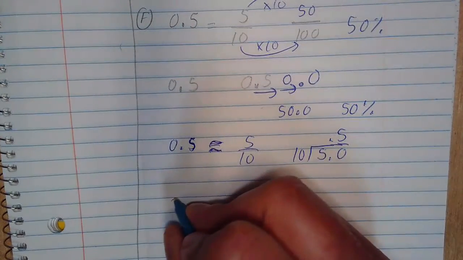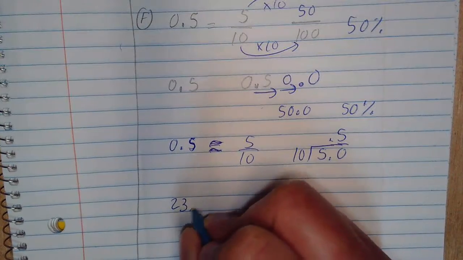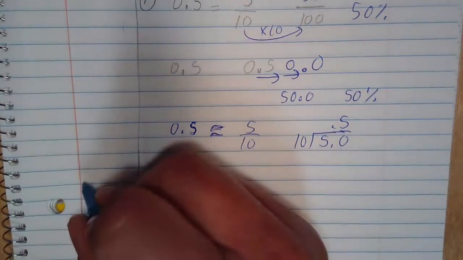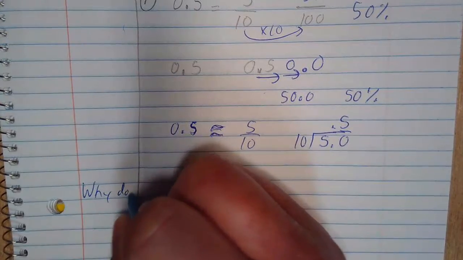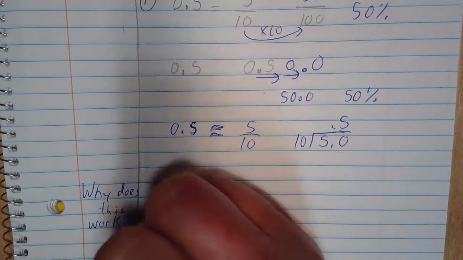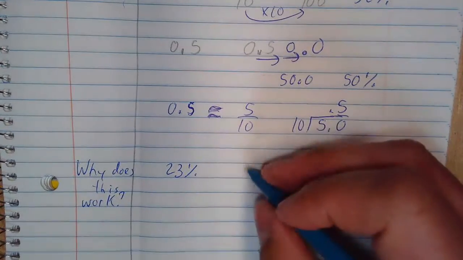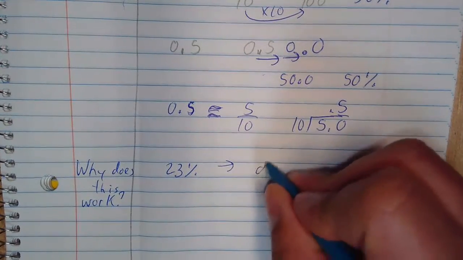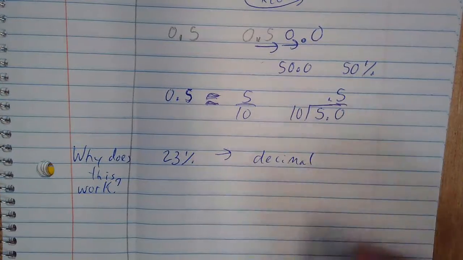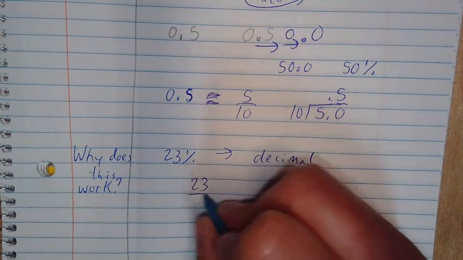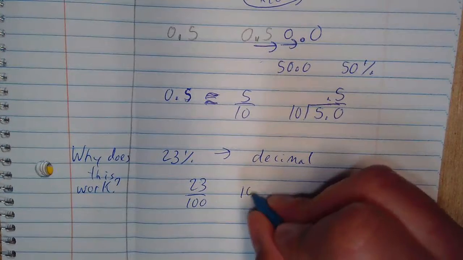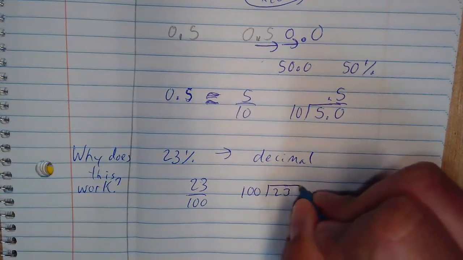Let's see if this works. All right, look. We have 23%. I'm going to write this question: why does this work? 23%. I want to change it to a decimal. 23% is 23 per 100, and what you're doing is dividing 23 by 100.